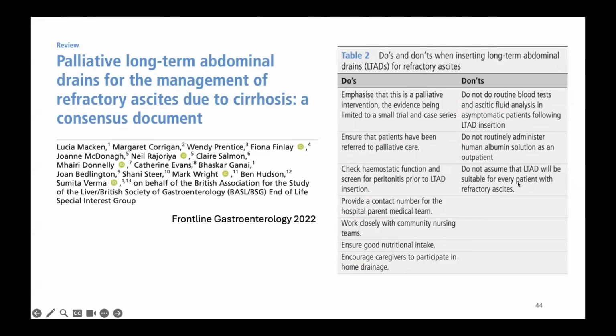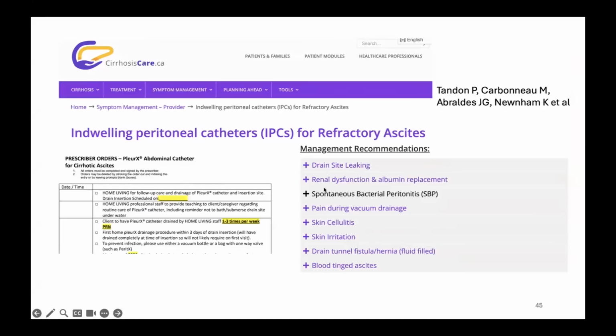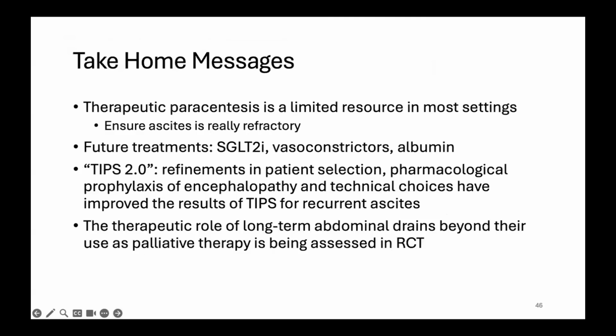And we try to summarize our experience in this website, cirrhosiscare.ca, which is the result of the talent of Punita Tandon, organizing a fantastic resource to find anything you need to manage patients with cirrhosis. And among those, this is an example of orders that you need after placing one of these drains, summarizing our experience with the complications.